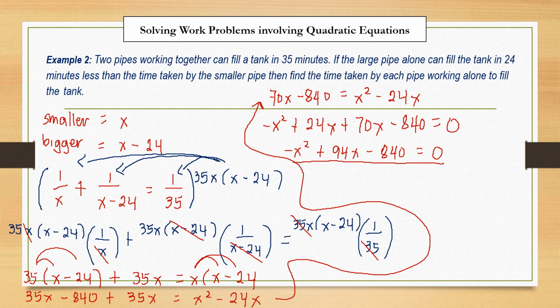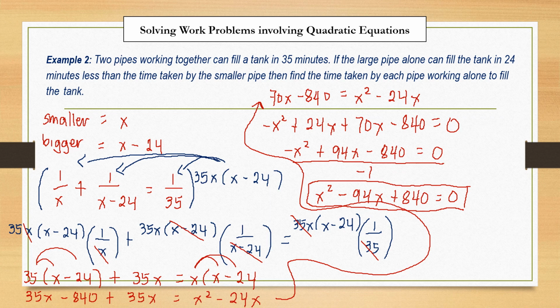Divide the entire equation by negative 1. So we have now x squared minus 94x plus 840. This is now our quadratic equation in standard form, which can be solved using the method of our choice.